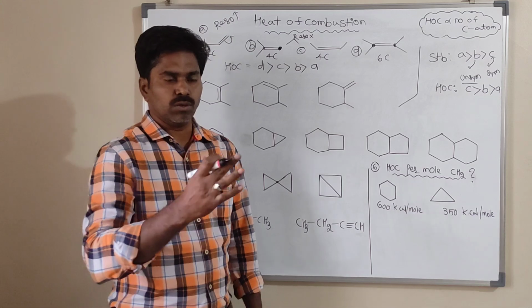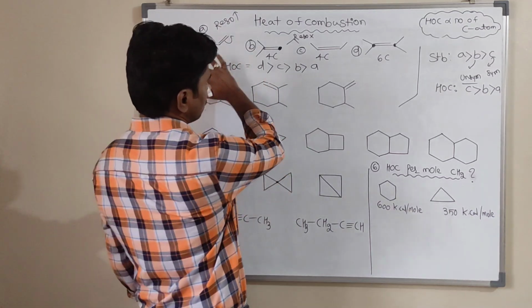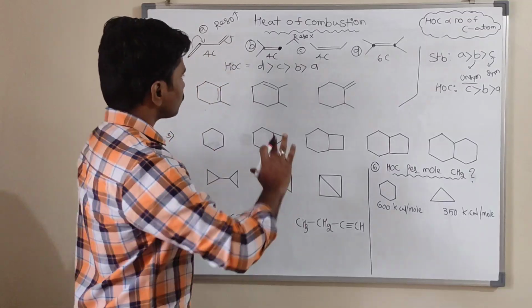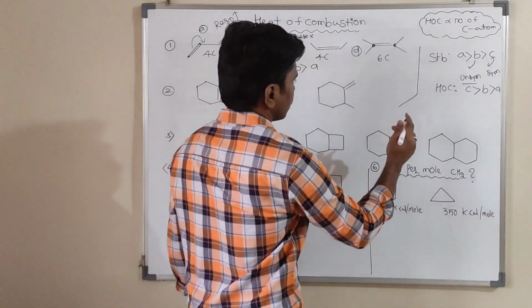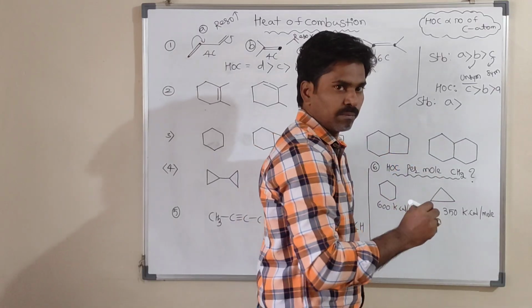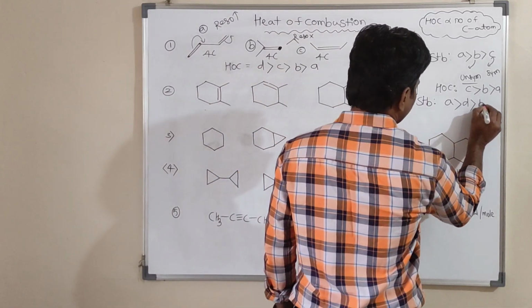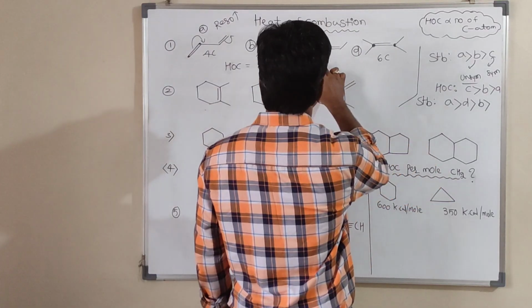In the priority order, resonance is first, then hyperconjugation. So as per the stability order in A, B, C, D, generally A is most stable, then D, then B, then C.